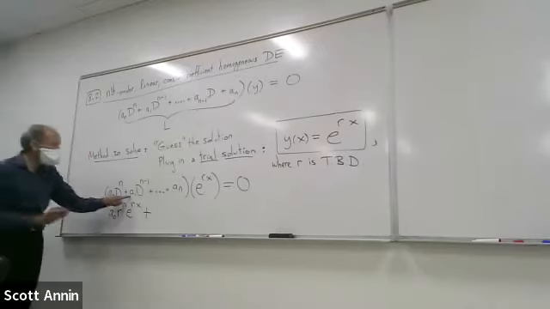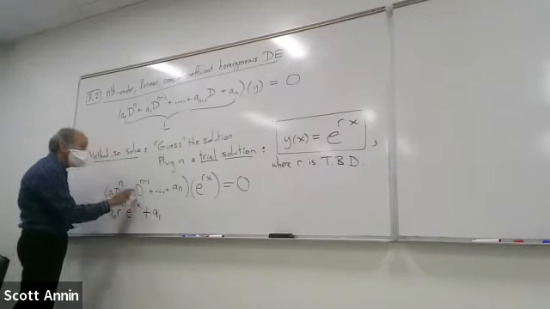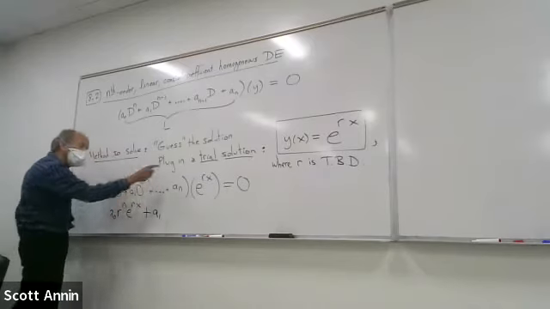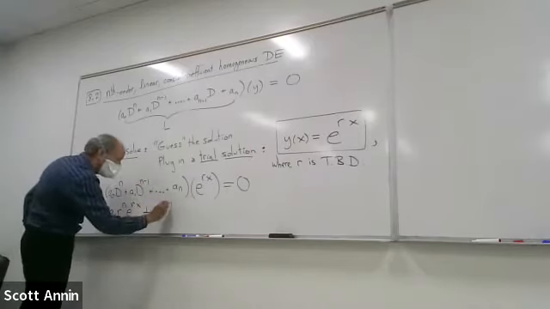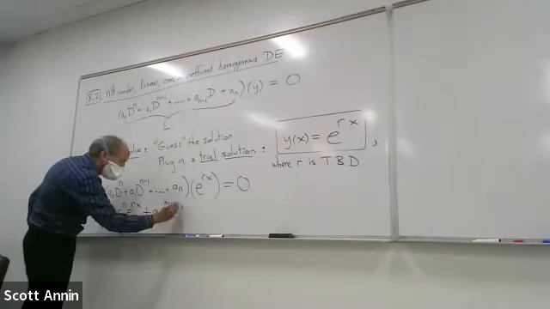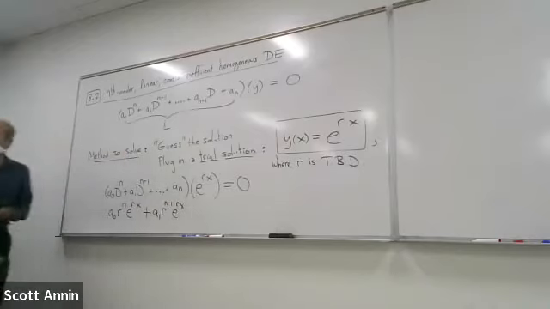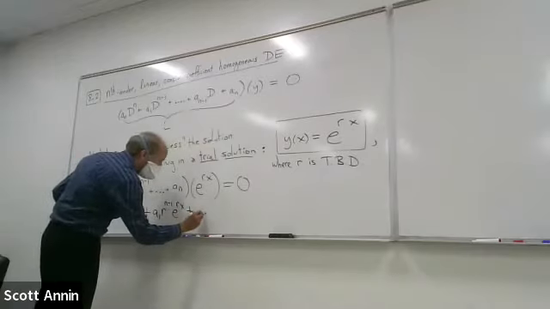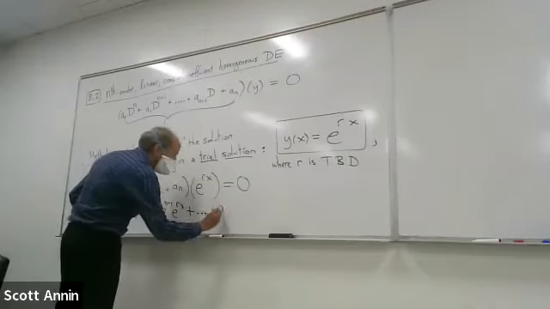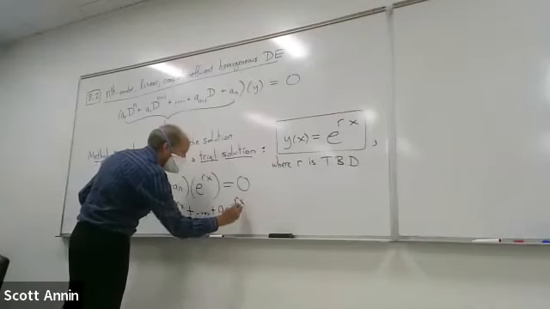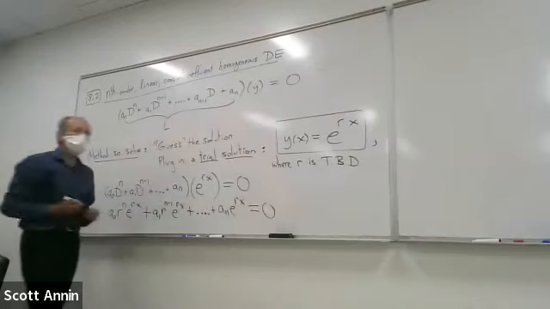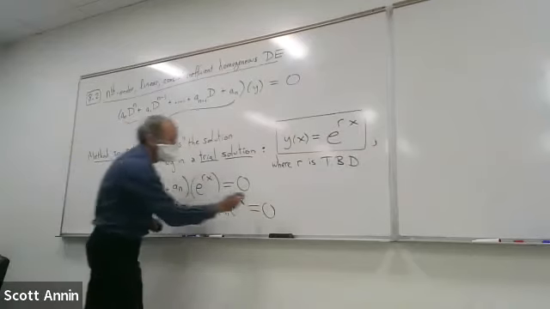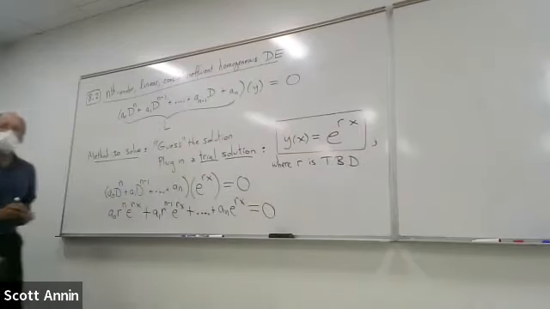The second term has an a1 on it, and then I have n minus 1 derivatives of e to the rx, which is r to the n minus 1 e to the rx. And I'm just going to go dot, dot, dot. The last term is simply an e to the rx, and we still have equals 0 on the right-hand side. So far, so good.